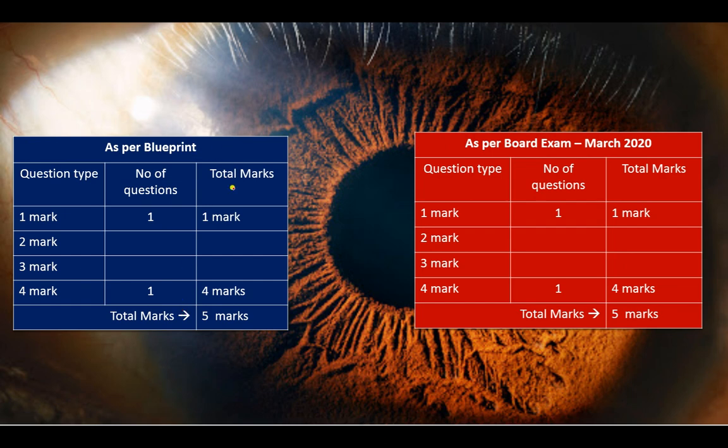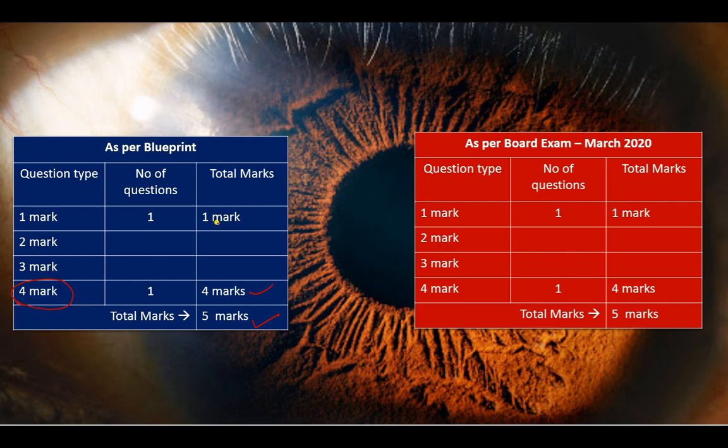As per the blueprint, the chapter is of 5 marks, and what is more important is that a question of 4 marks will be asked from this chapter. One question of 4 marks, a large question, will be asked from this chapter. So this chapter is specifically more important for those students who feel that science as a subject is theoretically difficult to score marks or to pass. For them this chapter is important because a clear cut 4 mark question will be asked from here, right?